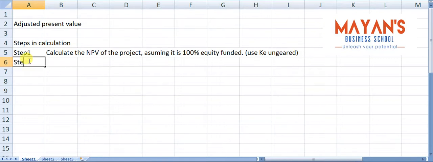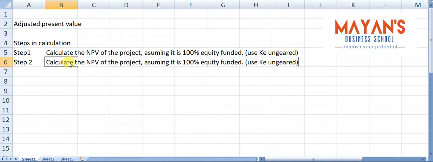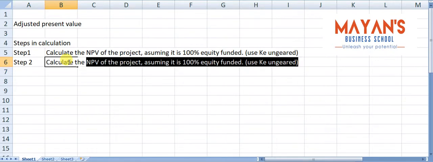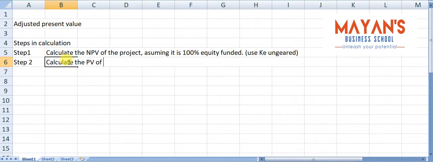Step two, calculate the present value of financing side effects. Financing side effects means, guys, in the first step you assumed the project is 100% equity funded.